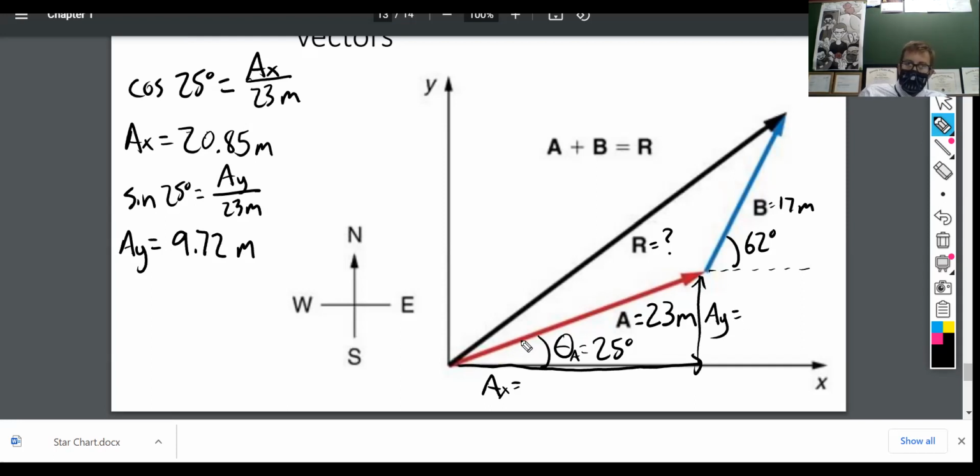Because if you go 23 meters this way, but you're going at 25 degrees, you've only gone up, north in this case, 9.72 meters. Now I know that vector A brought me 23 meters this way, and that's equal to 20.85 meters east and 9.72 meters north.